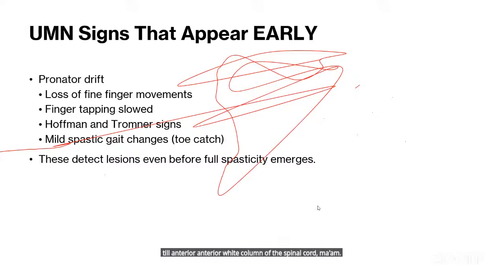No, I'm asking in the spinal cord, till where? At which level? L1 level, ma'am. Yes, the lateral one is the lowest segment. Okay, L1. And till where is the anterior one?